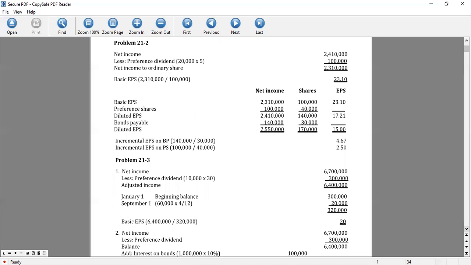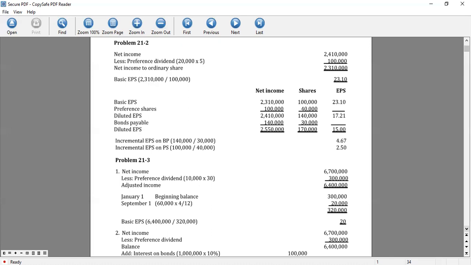We have 20,000 preference shares, and we have the dividend at 5 pesos per share. So that gives 100,000.